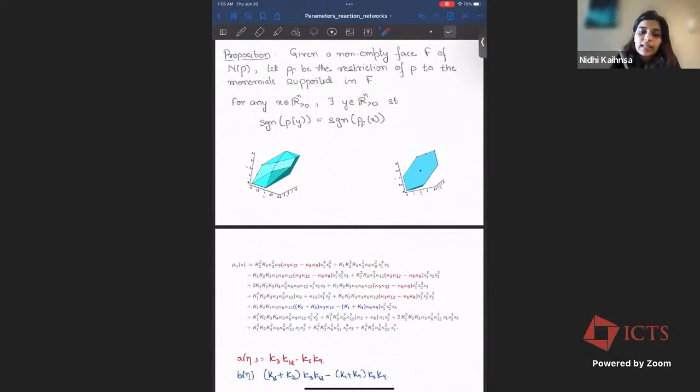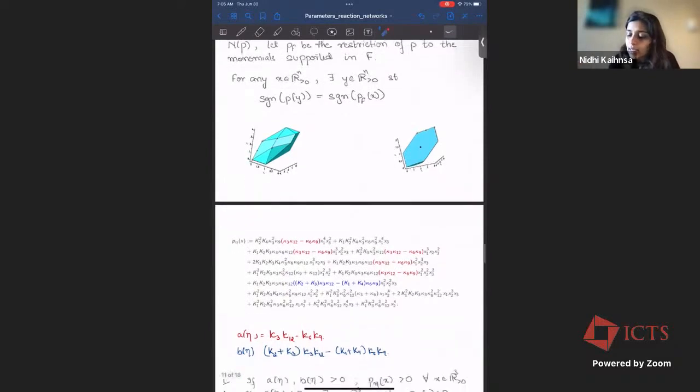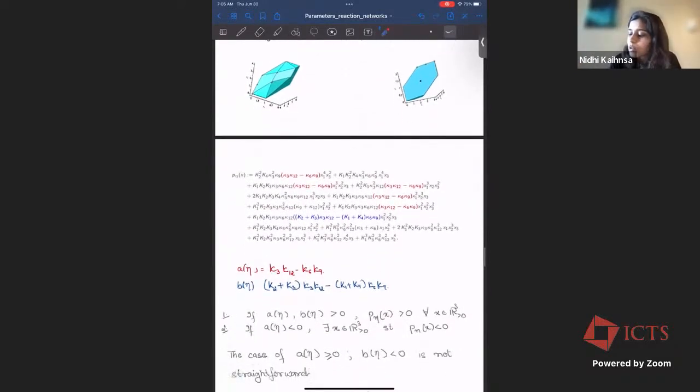If A eta and B eta are both positive, then my entire polynomial is always positive. This case was already done by Conradi and Mincheva in 2014.